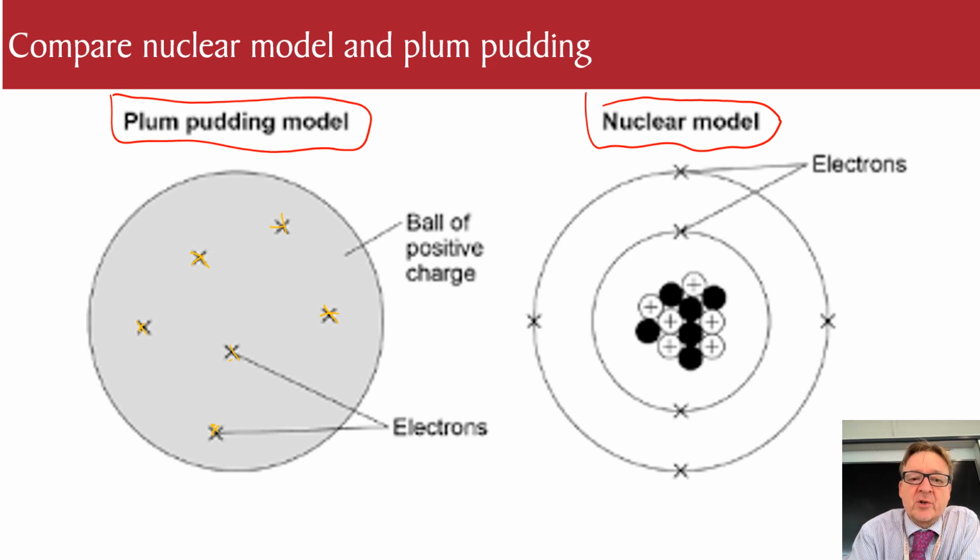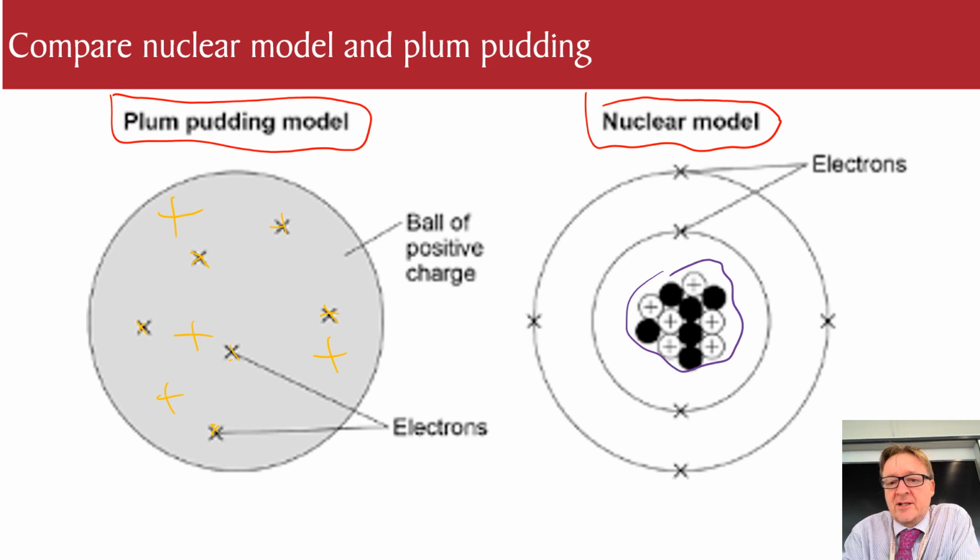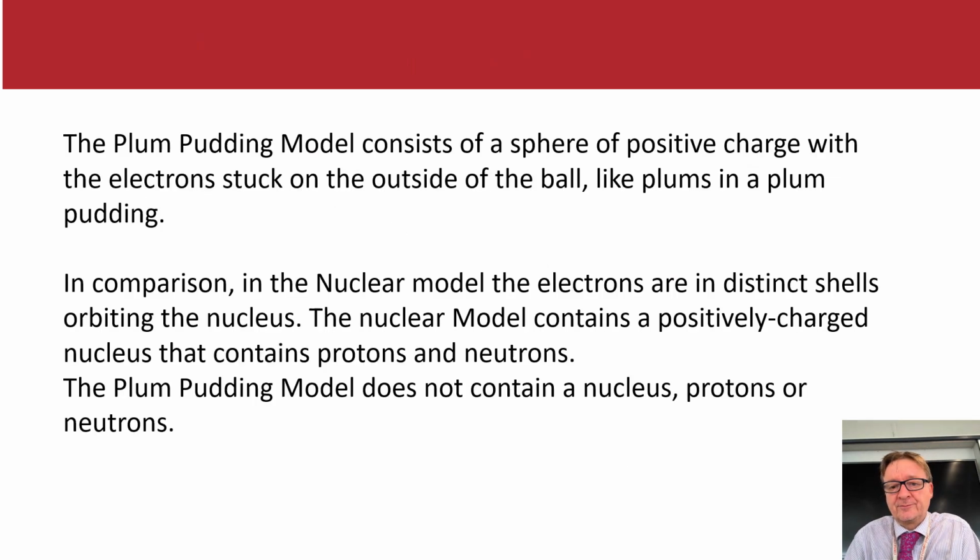Sometimes it might be called a chocolate chip cookie, where you've got negative bits embedded in it, and the rest of it is positive, the doughy bit. The nuclear model that we believe now has the nucleus in the middle, which contains the protons and the neutrons, with electrons flying around in shells around the outside.